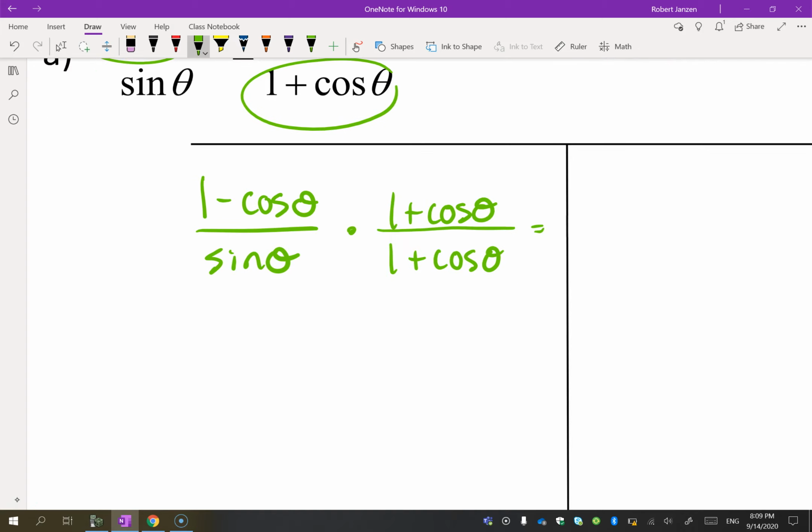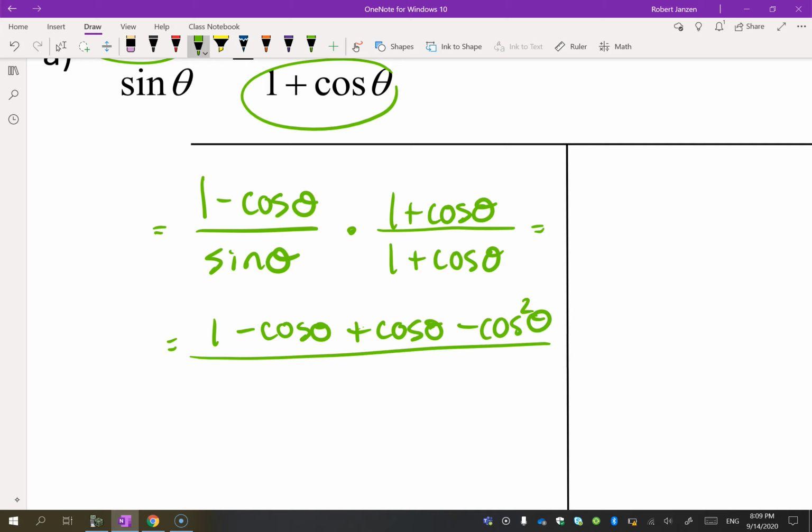If I multiply the numerator, I get 1 minus cos plus cos minus cos squared all over sine, and I'm not going to multiply. Why am I not going to multiply the sine into here?